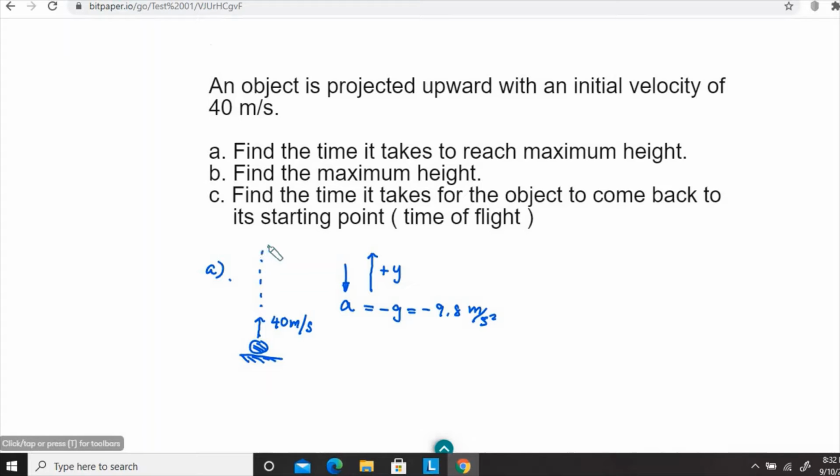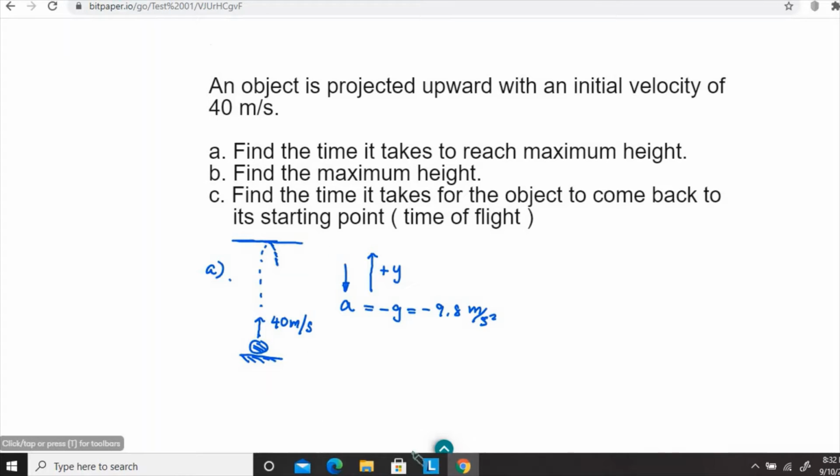And then at a certain point, it's going to become zero. Instantaneously, the velocity and the speed are going to become zero. And that corresponds to the maximum height the object reaches in this particular motion. So it's at this point that you find the maximum height.